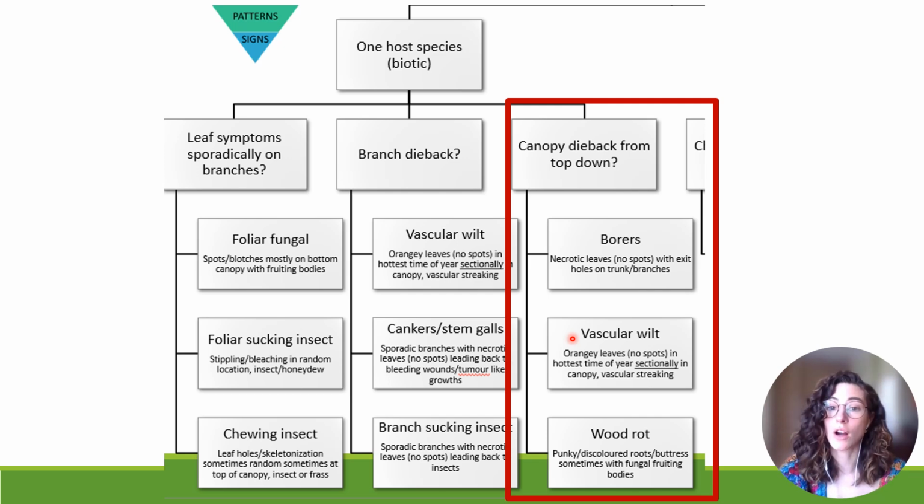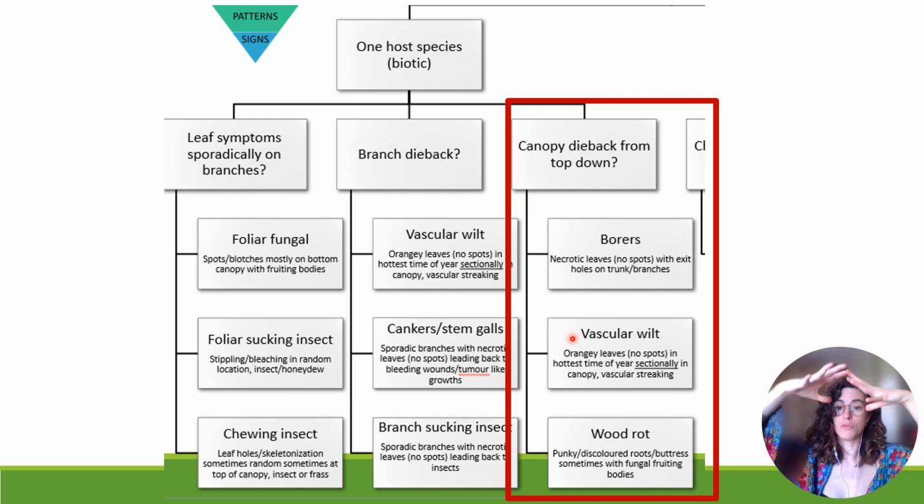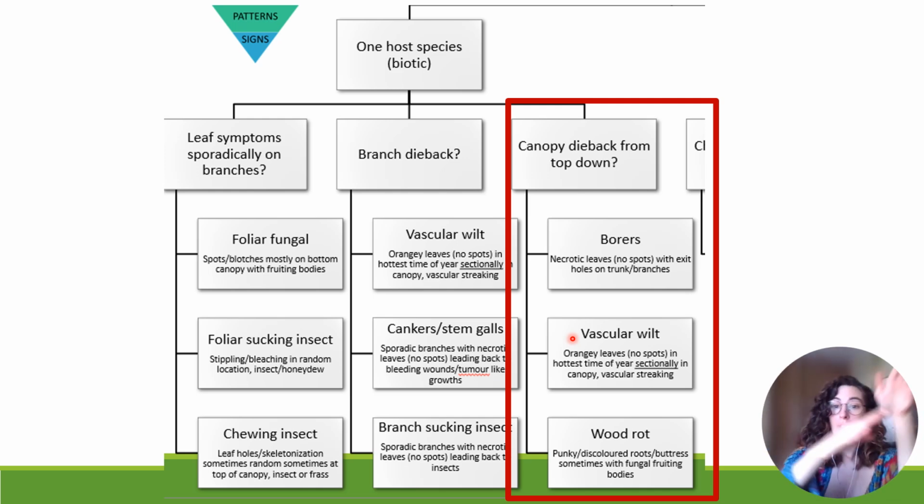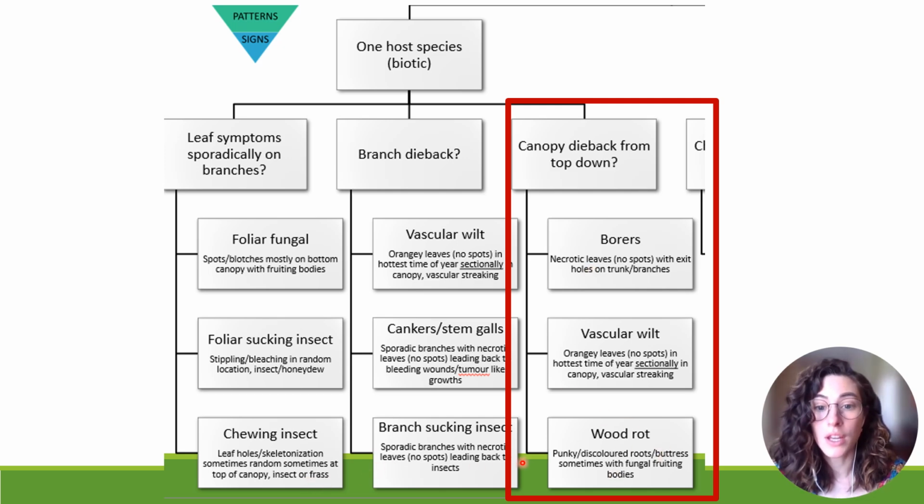Other things that can cause full canopy dieback, so we're talking the very top parts moving their whole way down, not just one branch here, it's all of the branches up at the top, you can also have borers as well as wood rots, all right? Again, I want you to make sure that as you're working through this flowchart, you're also looking at these little descriptions because I've put in some important diagnostic information that should help you decide if it is a wood rot.